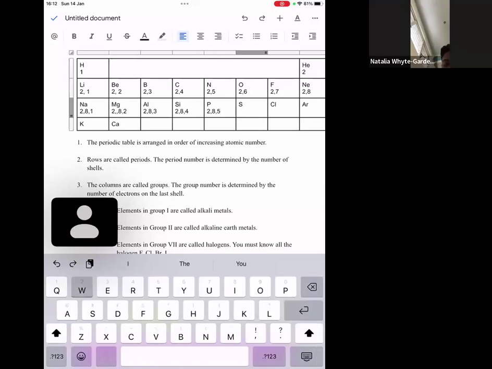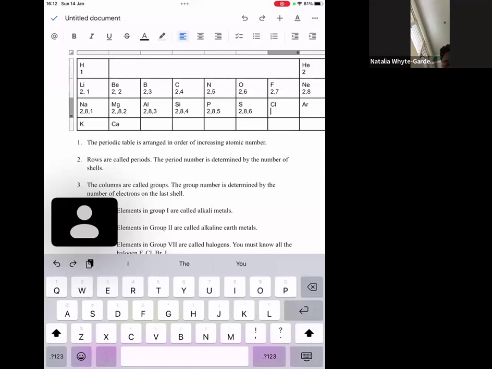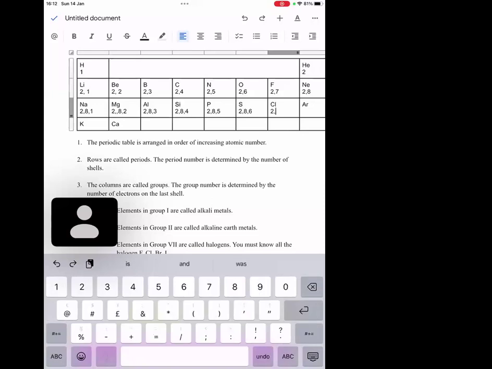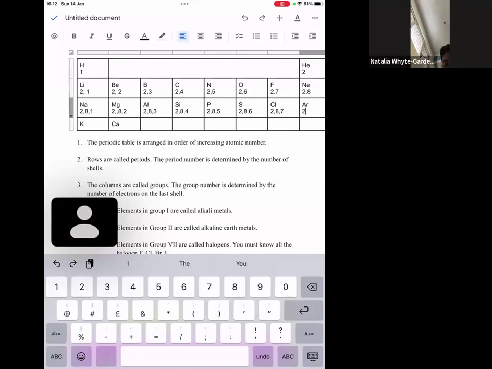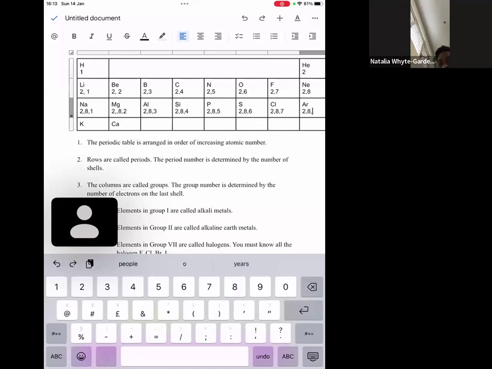Sulfur would be 2, 8, 6. Chlorine would be 2, 8, 7, and argon would be 2, 8, 8. All right, so now that shell is filled.